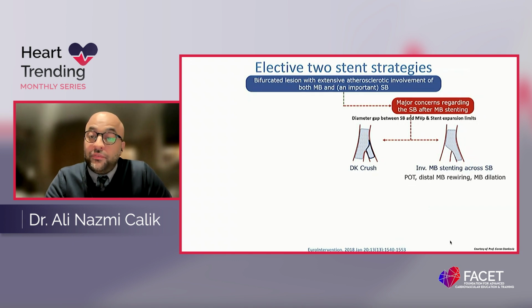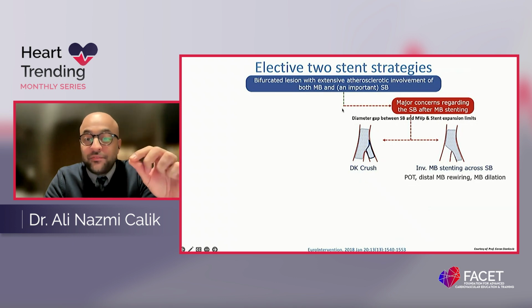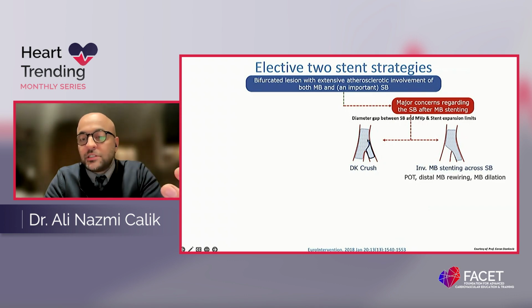As you can see, if we have a major concern regarding the side branch, and if there is a significant diameter gap between the side branch and the proximal main vessel, of course, we always have to consider the stent expansion limits. If our stent will not expand safely from the side branch to the proximal main vessel, we should go further with the DK crush and secure the side branch first.